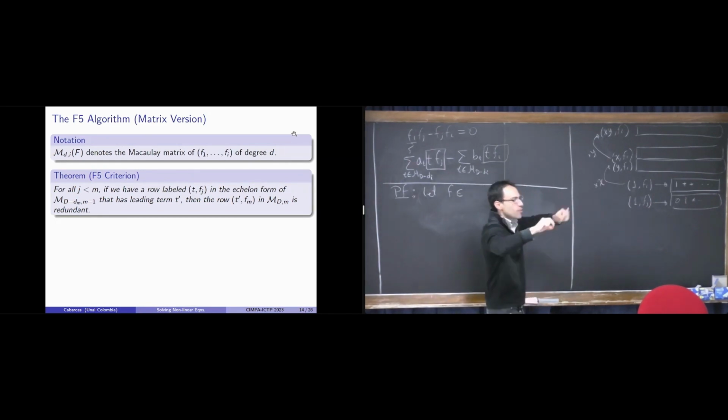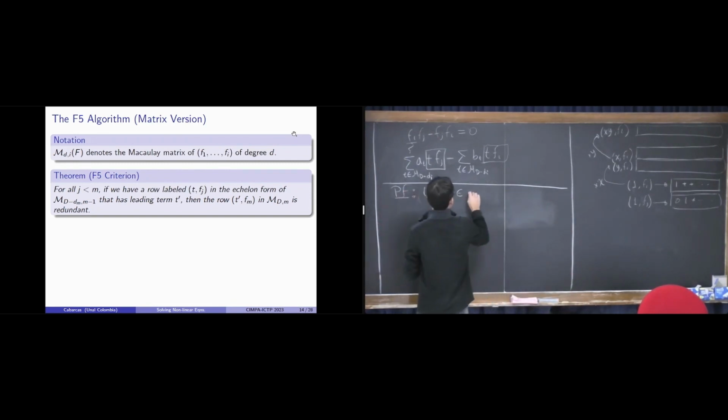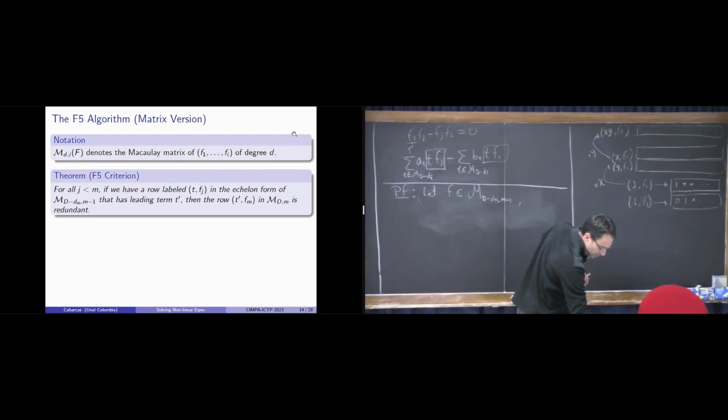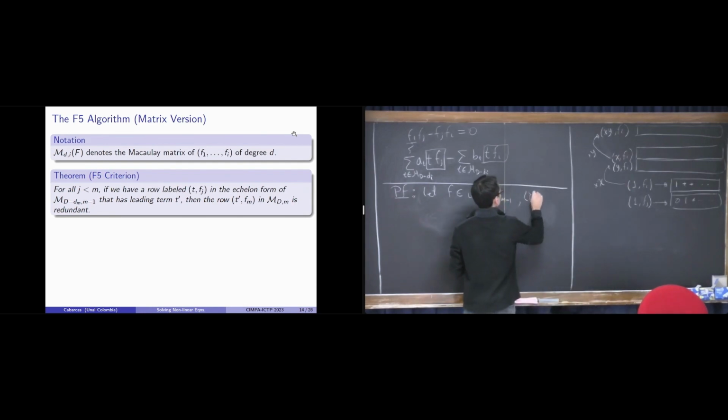What I'm saying is take a row considered as a polynomial in the Macaulay matrix, in M_{d-dm, m-1}. It's going to be F, such that the leading monomial is t'.